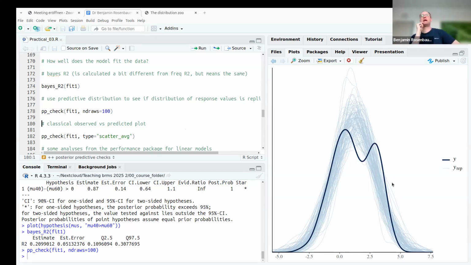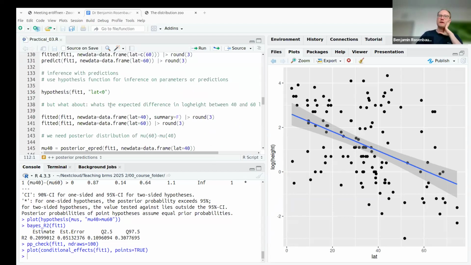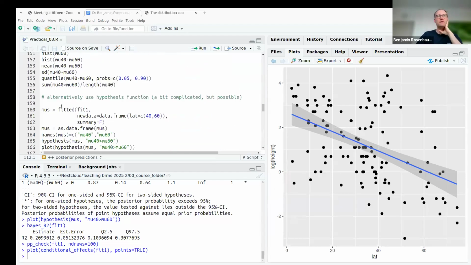But remember, the raw data, the response, there's no need for it to be normally distributed. There's no assumption that the data itself has to be normally distributed. So there's no assumption that the values on the y-axis have to be perfectly normally distributed. And that's what we are seeing here.